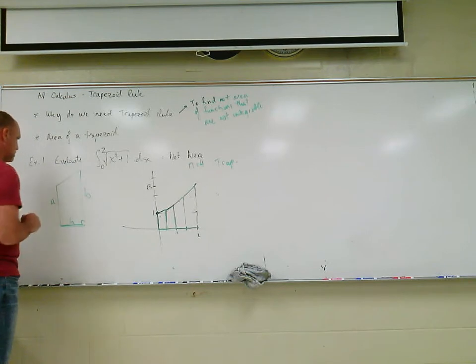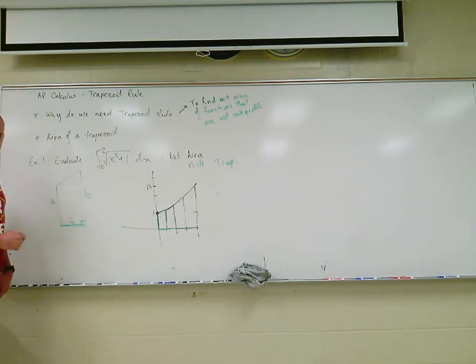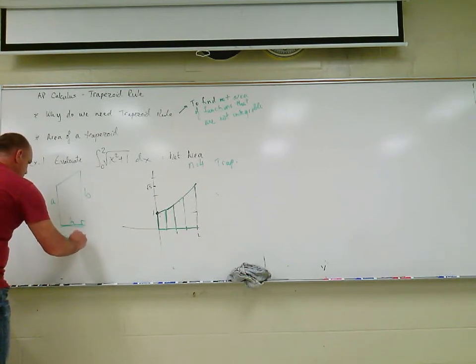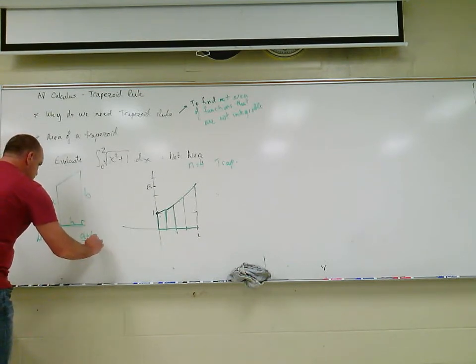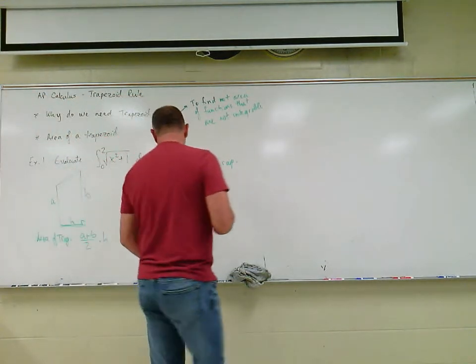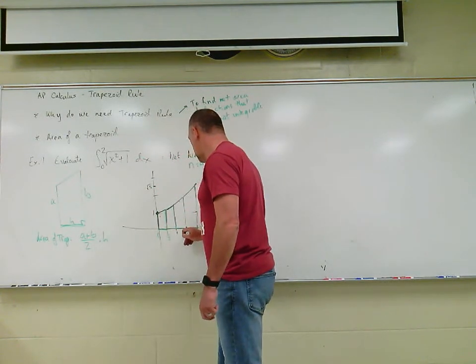This is the height of the trapezoid, the perpendicular distance between the legs. So the area of a trapezoid is (a plus b) over 2 times h. So what I'm going to do is write out the area for each one of these using function notation.